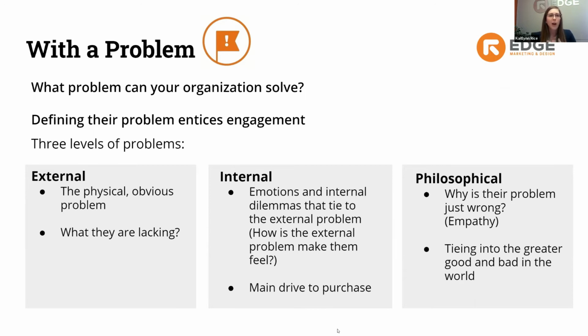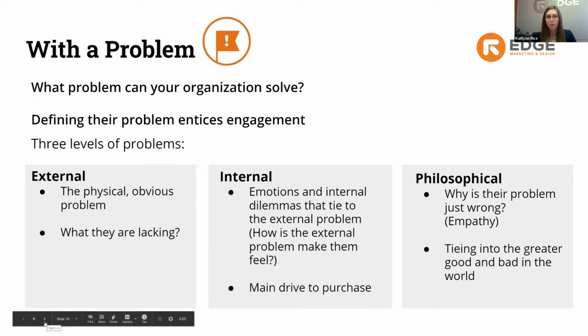Are they just tired? We want to connect with that, especially the internal problem, because emotion is what usually drives someone to make a decision. So if we can connect on a personal level with your customers, they are able to form a better connection with you and your product and are more motivated to make a purchase.